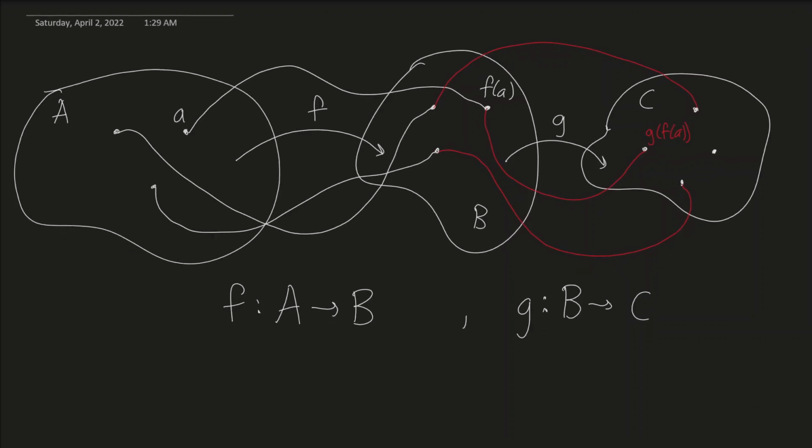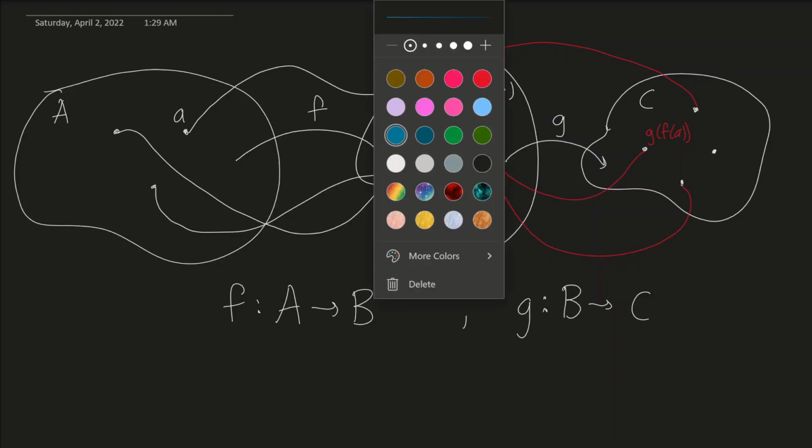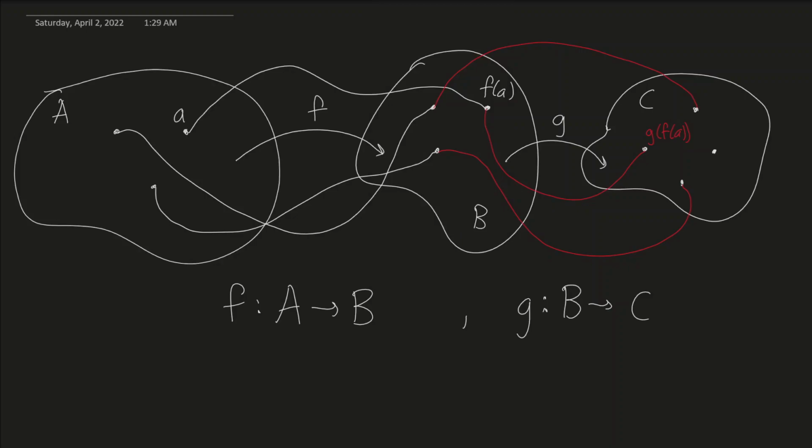And so we can see then that through this process of mapping through f and then g, we've constructed a mapping from elements of A to elements of C. So if we look at where this element maps to, it maps to this element of B, which then maps to this element of C, right?